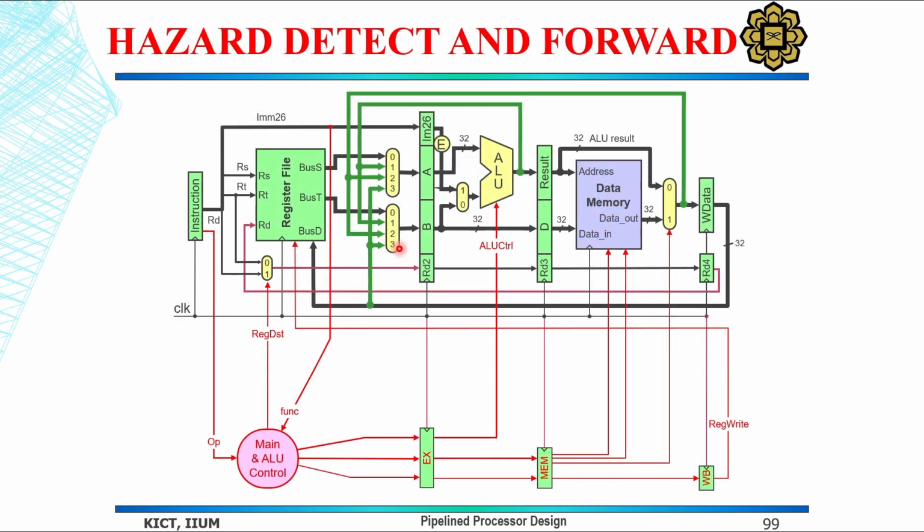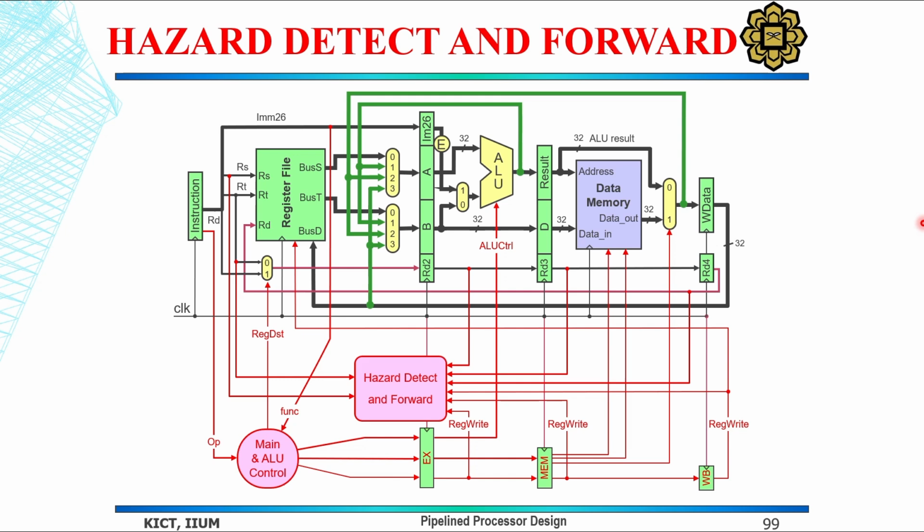Here is the hazard detection and the forwarding unit. The whole process and the connections are shown here, how the hazard is detected and forwarded, and from which component the data is flowing.